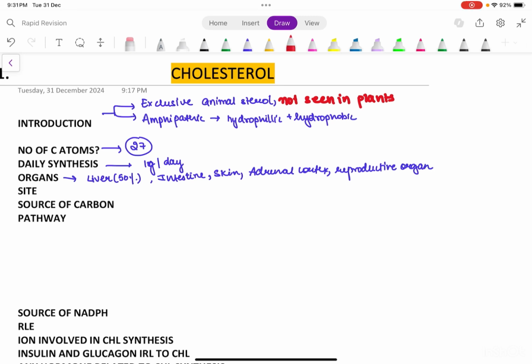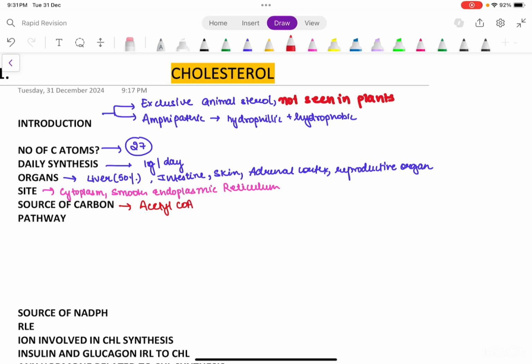Now, site is the most important question and it is usually asked in the MCQs. So for site, you have to remember two. One is the cytoplasm and the smooth endoplasmic reticulum. All right. Then source of carbon is acetyl CoA.